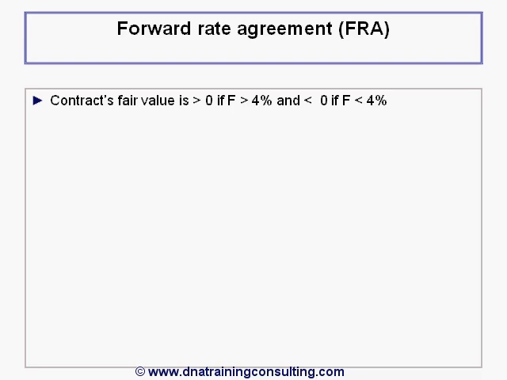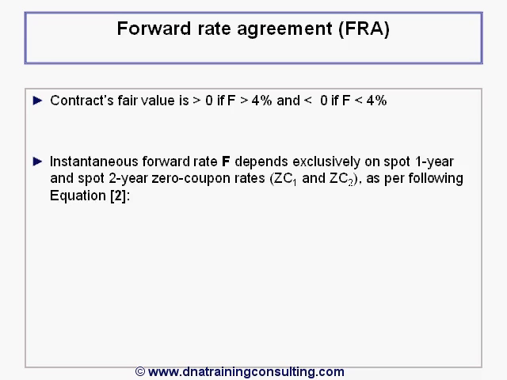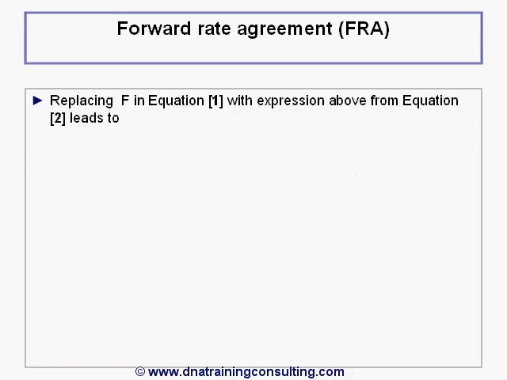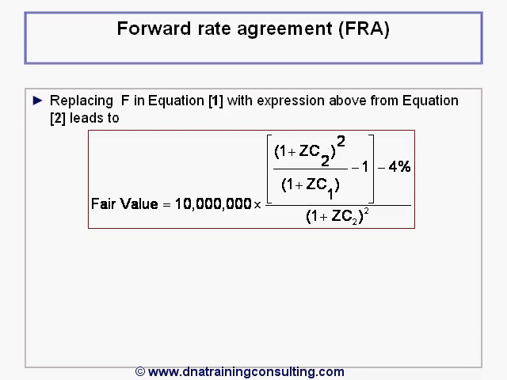Now, the instantaneous forward rate F depends exclusively on the spot 1-year and the spot 2-year zero coupon rates, ZC1 and ZC2, as per the following equation number 2. Replacing F in equation 1 with the expression above in equation 2 leads us to fair value equals what you see here.